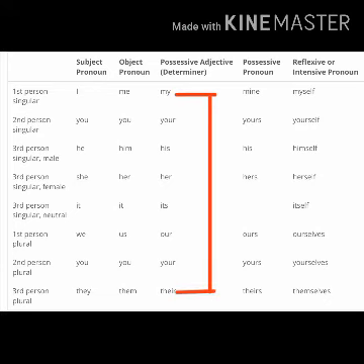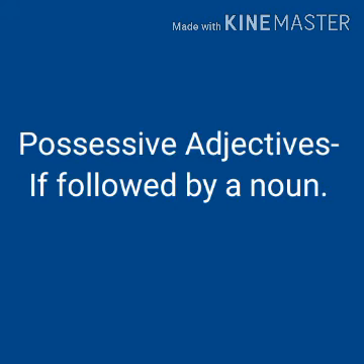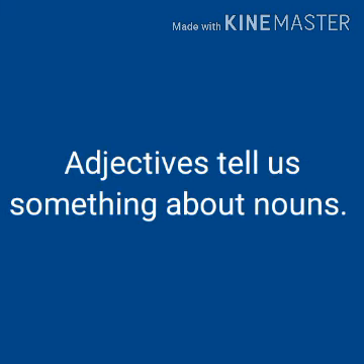The possessive adjective of I is my, we is our, you is your, he is his, she is her, it is its, they is their. If these words are followed by a noun, then they would be possessive adjectives, otherwise they will be possessive pronouns. Means if they are not followed by any noun, they will be called possessive pronouns.